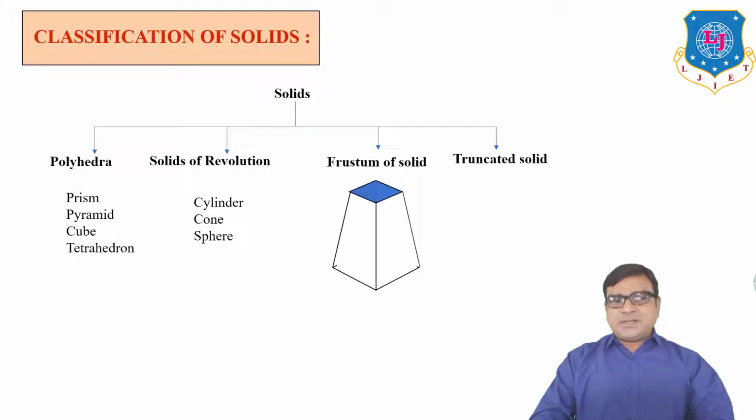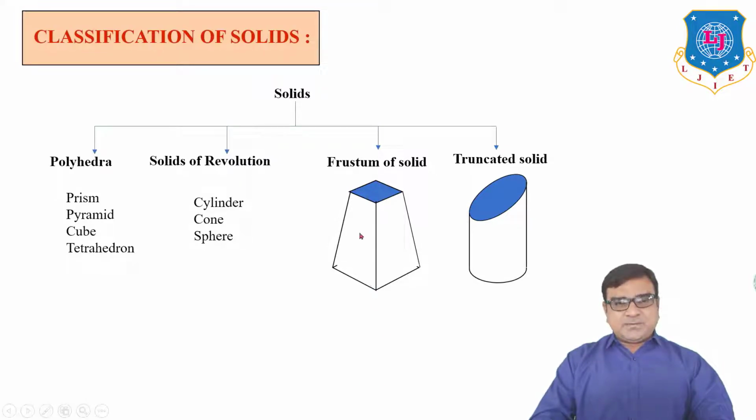Frustum of solid means when a full solid is cut by a plane which is parallel to its base, then the bottom part of the solid is known as frustum of solid. And truncated solid means when any full solid is cut by a cutting plane which is inclined to its base, then the bottom part of the solid is known as truncated of solids.